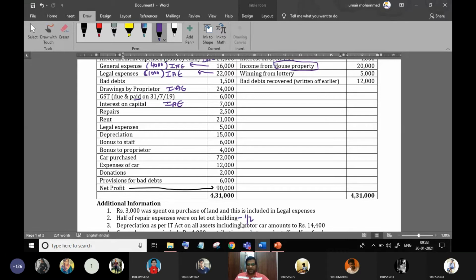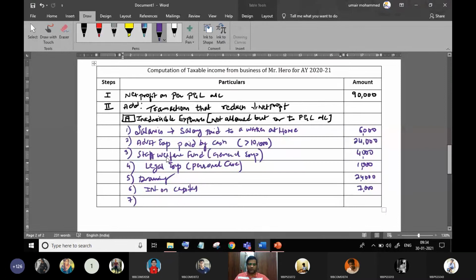So therefore, this half of the expense which is spent on let out building, which he has given on rent, right? That is inadmissible. So repair expenses, half is inadmissible, the remaining half is allowed. So that's the reason I said always look at the adjustment also while solving the problem.